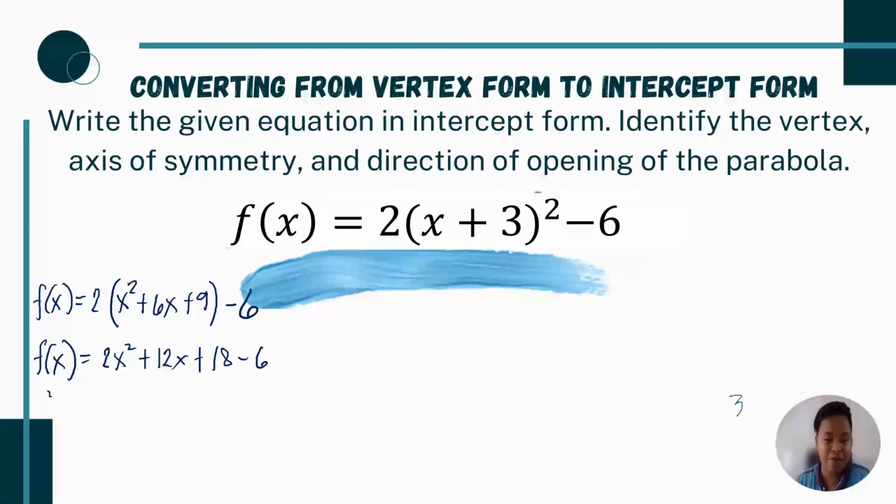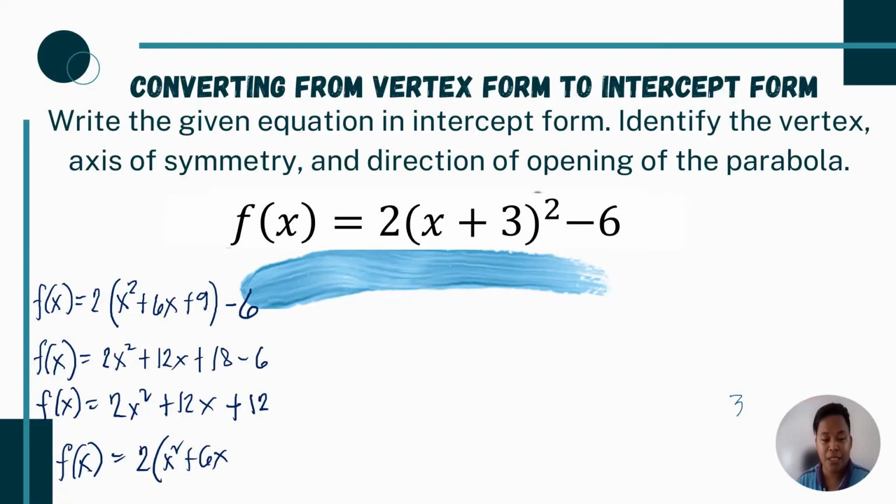Then we have f of x is equal to 2x squared plus 12x plus 12. We're going to divide this trinomial by 2 since we're going to write 2 before the parentheses. 2 times, and 2x squared divided by 2 is x squared. 12x divided by 2 is 6x. 12 divided by 2 is 6.